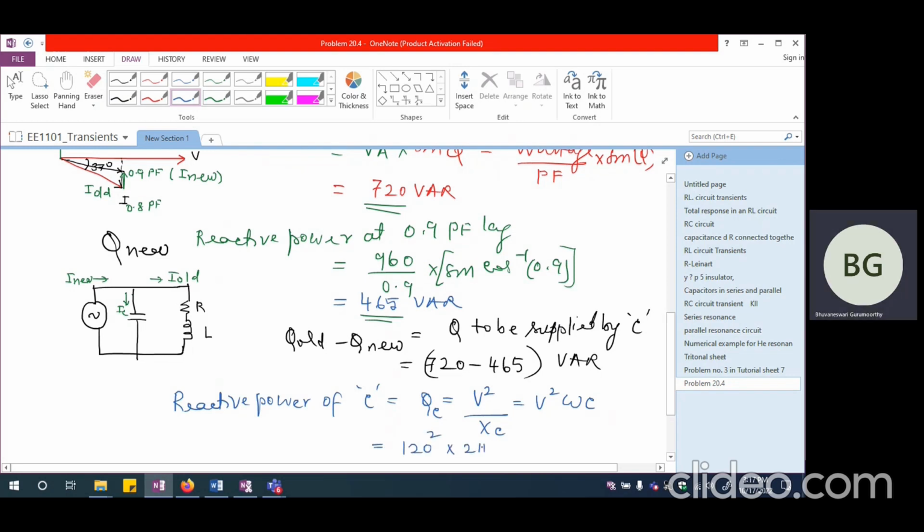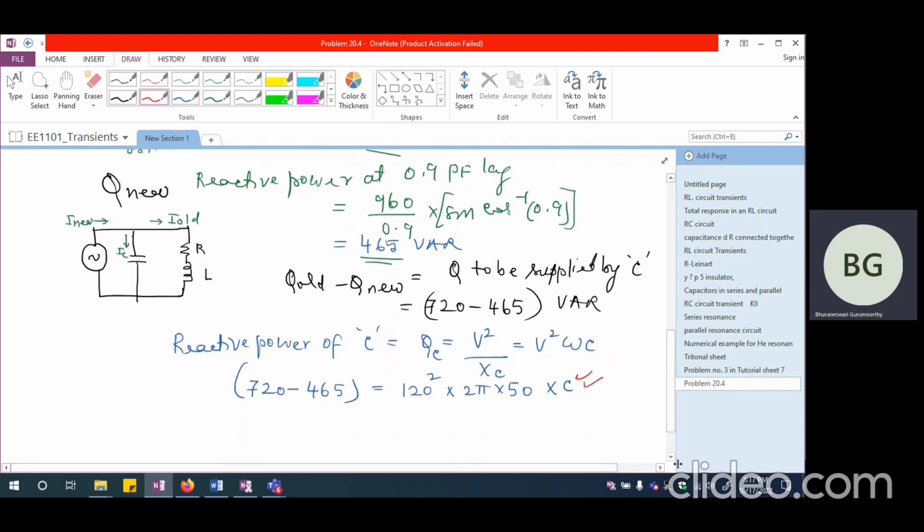Omega is 2 pi multiplied by 50, if it is a 50 hertz supply, multiplied by C, equal to 720 minus 465, from which C can be calculated without any difficulty.